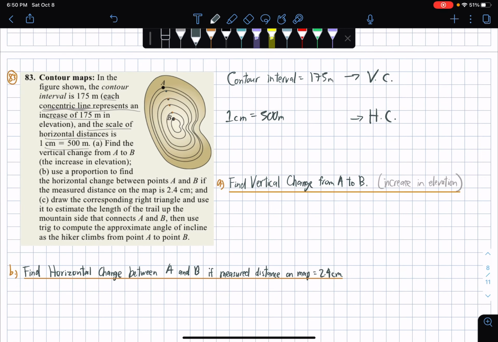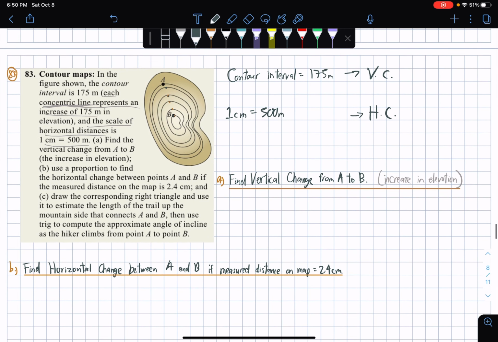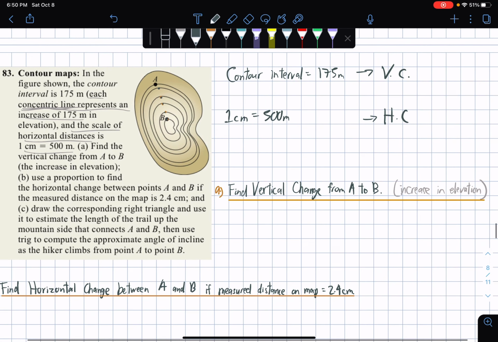So letter A, find the vertical change from A to B, or the increase in elevation. For the vertical change, as stated earlier, the contour interval is 175 meters. But in the illustration, we have 5 intervals.